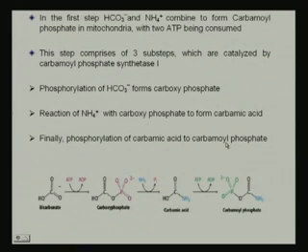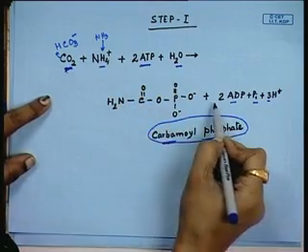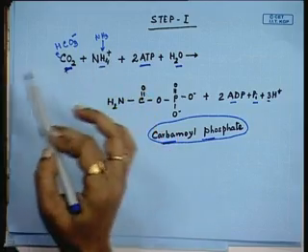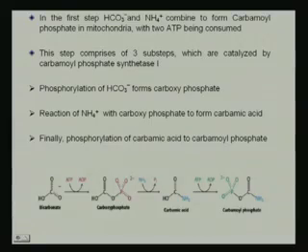So, though this reaction is showing a single step, in reality it is a complex reaction where 3 sub-steps are needed: bicarbonate is converted to carboxyphosphate, carboxyphosphate is converted to carbamic acid, and ultimately carbamyl phosphate is produced.